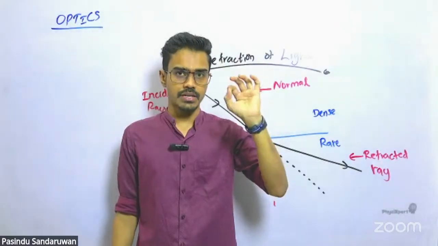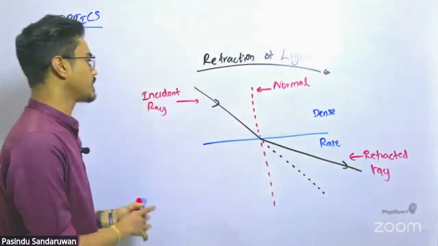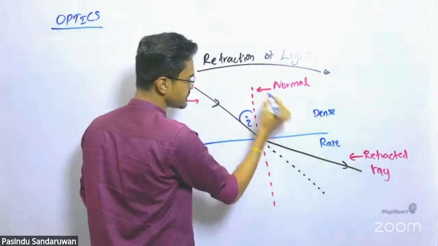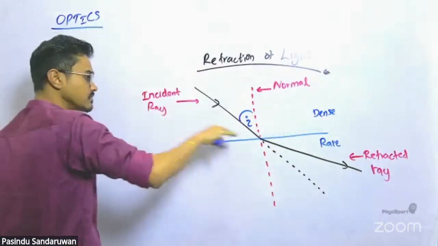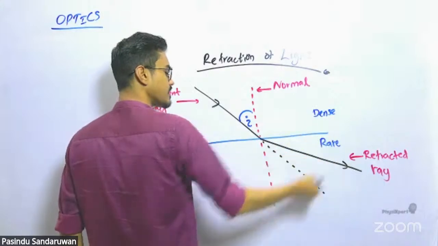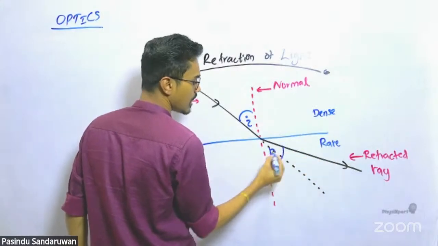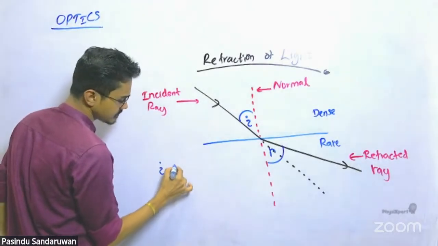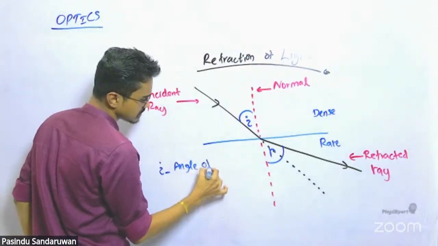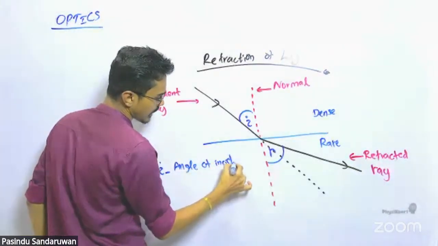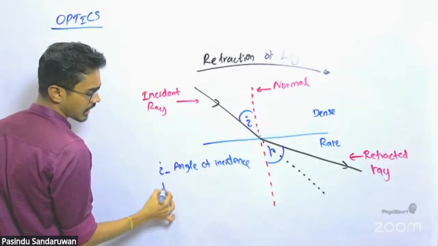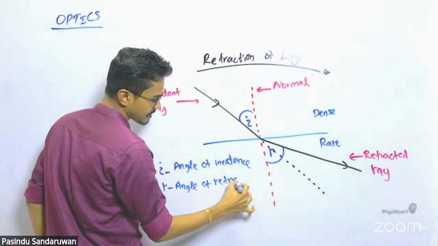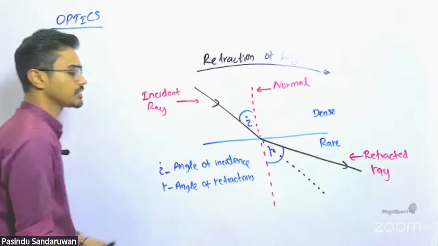The angle between the incident ray and the normal is called the angle of incidence, I. The angle between the refracted ray and the normal is called the angle of refraction, R. So I is the angle of incidence, and R is the angle of refraction. This is jargon we should know.